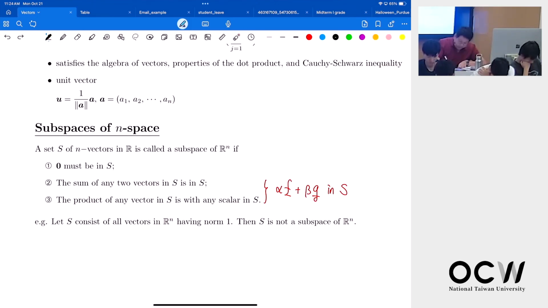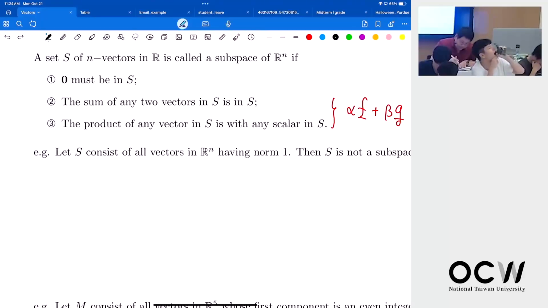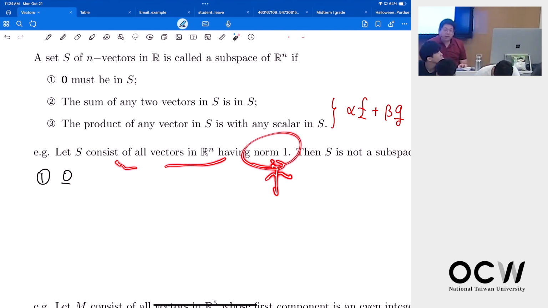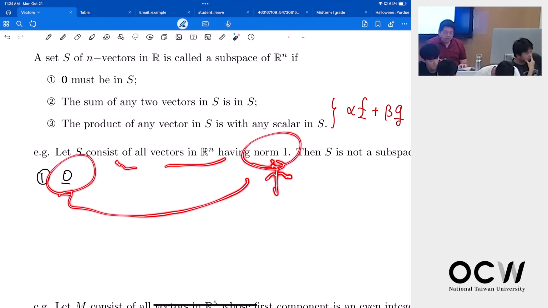First, is 0 in S? We say that S contains all vectors in R to the n having norm 1. So, is the 0 vector in S or not? I need norm 1. Okay, so what is the norm of a 0 vector? The norm of a 0 vector is 0, right?